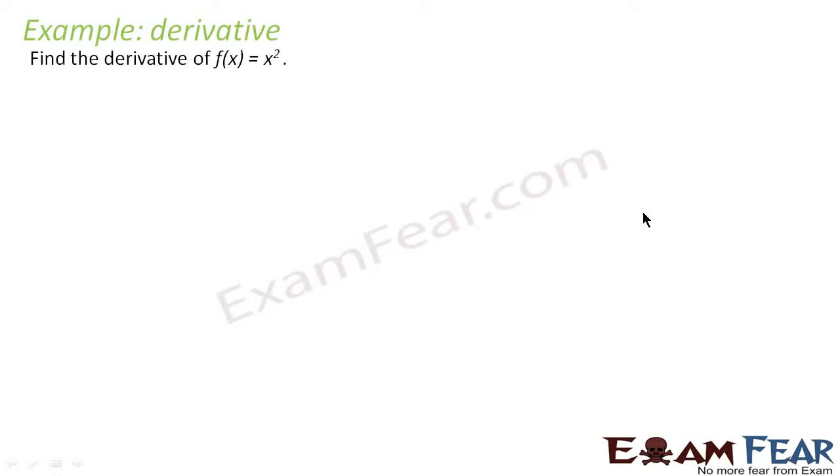We'll take some more examples of derivative. We have to find the derivative of f(x) is equal to x square. That means we have to find f dash of x, right? At any point, because I'm not telling that I want to find derivative at a or b or c, at any point.